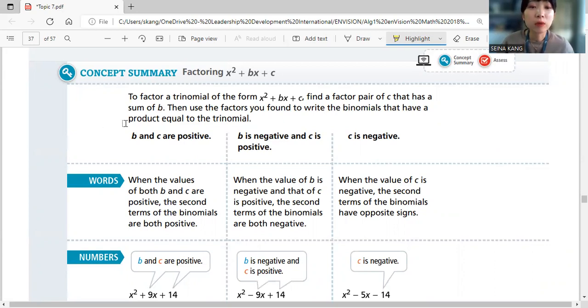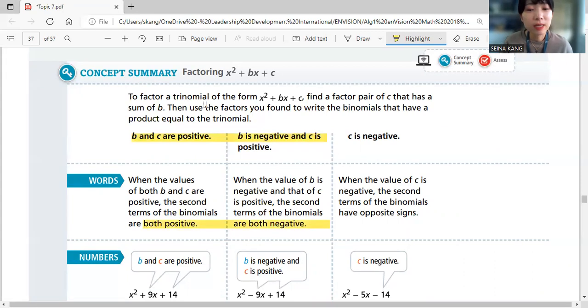So when B and C are both positive, the second terms of the binomials are going to be both positive, right?